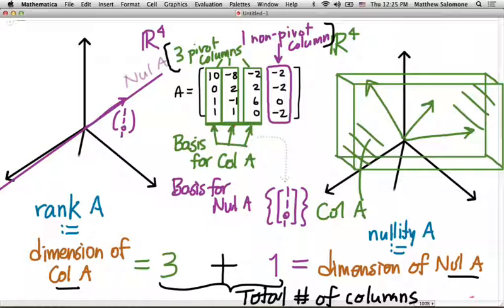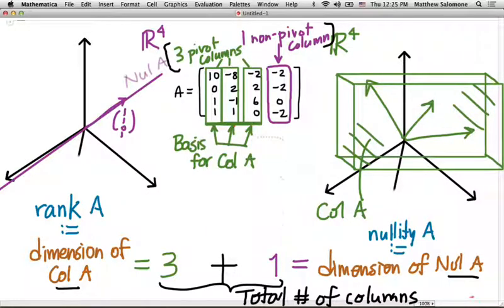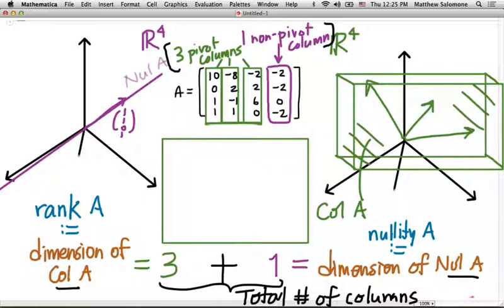And the theorem that we have just justified in this specific example, but there's no reason for it not to be true in the more general case, is that, and let's write this in generality now, if A is a matrix with m rows and n columns, then the rank of A plus the nullity of A has to equal what?